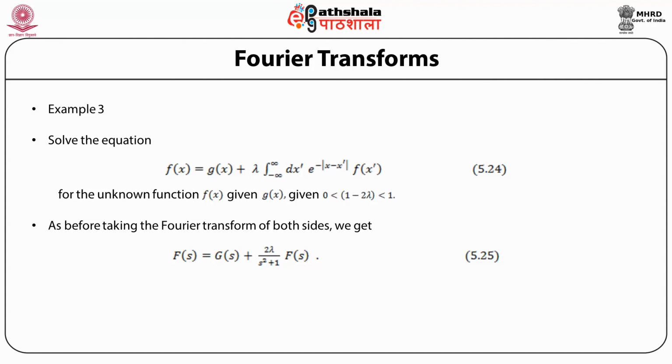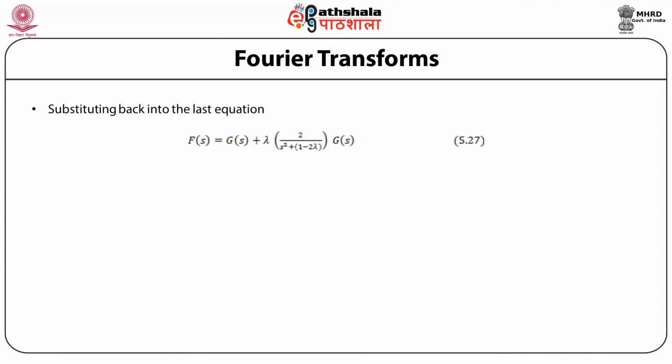This we obtain F of s is equal to G of s divided by 1 minus 2 lambda upon s square plus 1. Now we substitute F of s back into the last equation. So F of s is equal to G of s plus lambda into 2 upon s square plus 1 minus 2 lambda multiplied by capital G of s. This we have obtained by substituting the value of F of s in equation 5.25.